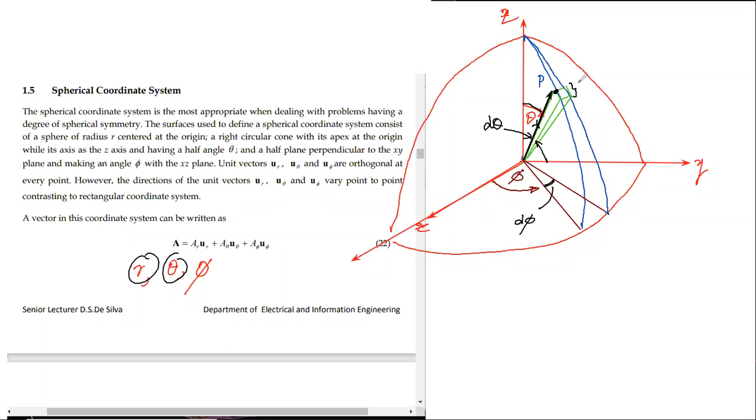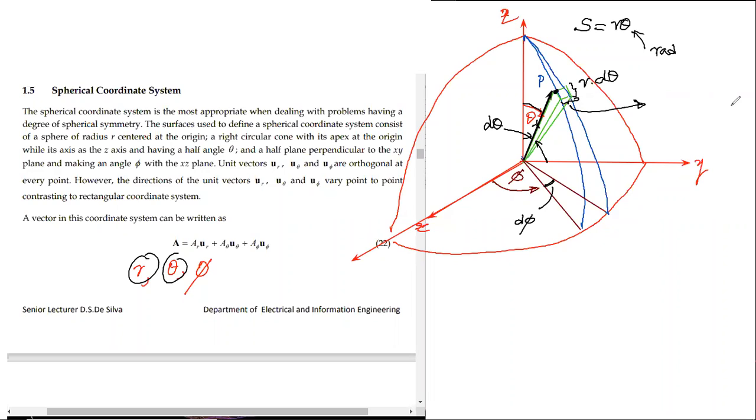This distance is r into d theta, as you know s equals r theta, with theta in radians. And similarly, you can write down the distance of this one also.